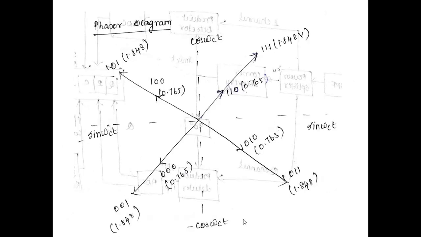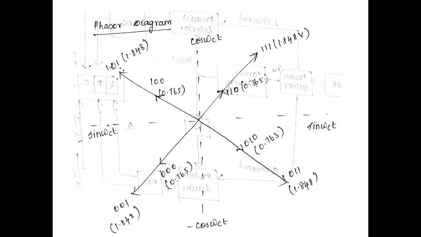So this is the phasor diagram. It represents the combination of 3 bits. It's a phasor diagram of the 3 bits 110, and it represents 2 points.